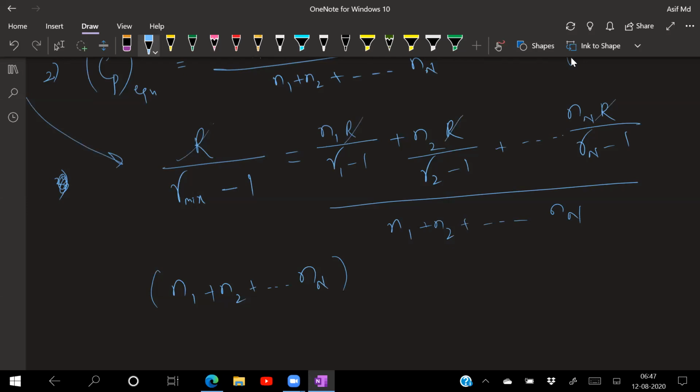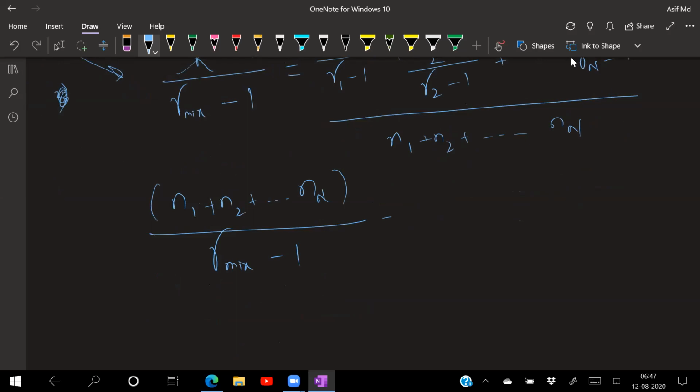This N1 plus N2 plus so on will come here, divided by gamma of your mixture minus 1. That is equal to N1 by gamma 1 minus 1 plus N2 by gamma 2 minus 1 plus so on up to NN divided by gamma N minus 1.